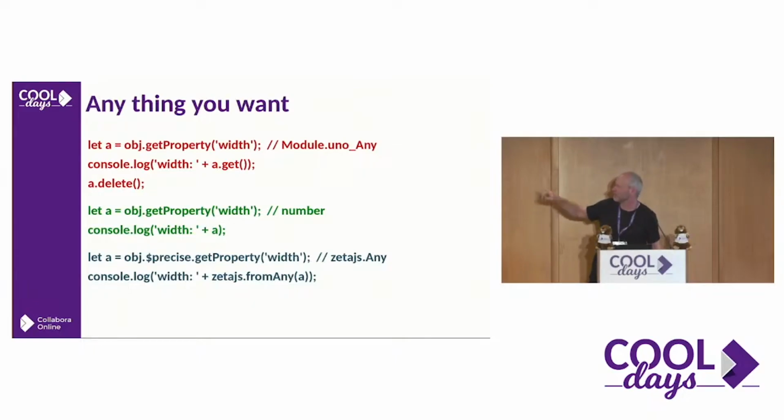This $precise thing gives you all of the methods of the original object in a slightly different version, where all of the anys that you pass in or get out are wrapped in some JavaScript type and value objects that you can then inspect to your liking, and you don't lose any of the information that you might or might not want to use on these objects.